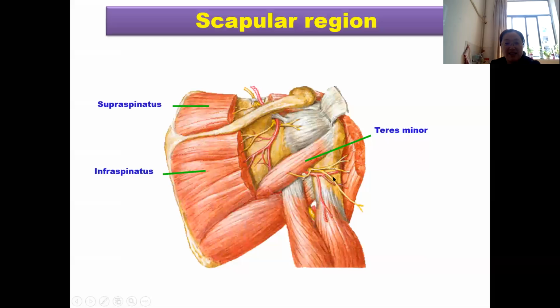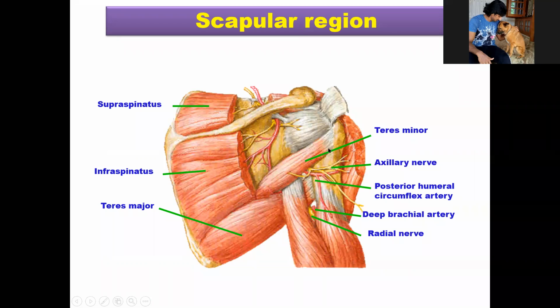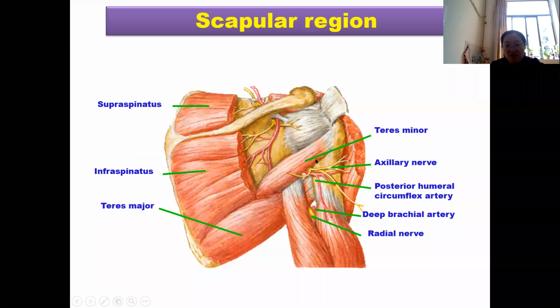The teres minor, teres major, long head of triceps brachii, and the surgical neck of the humerus form the quadrilateral space.